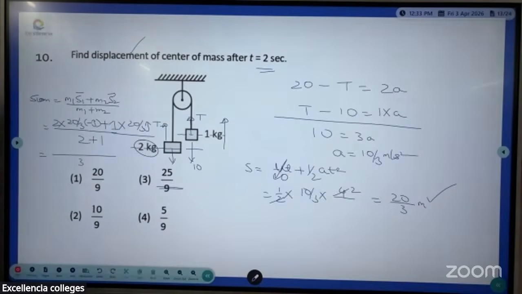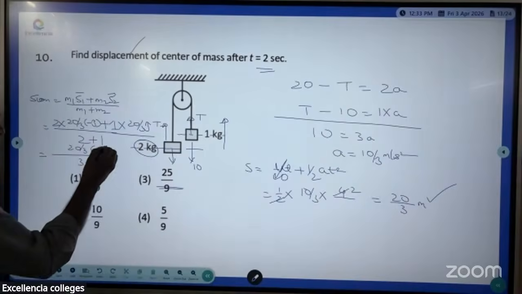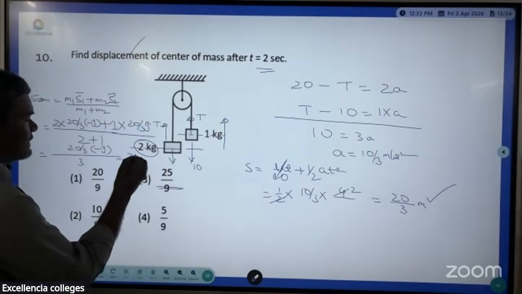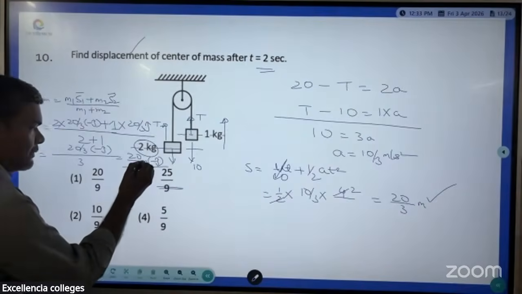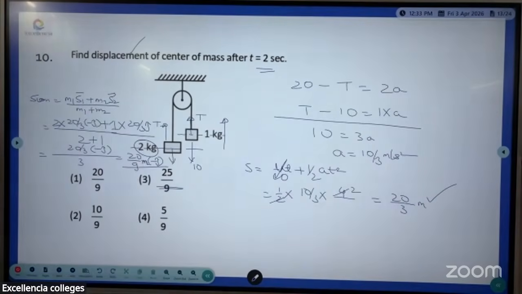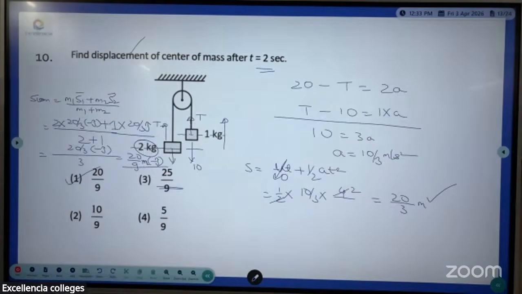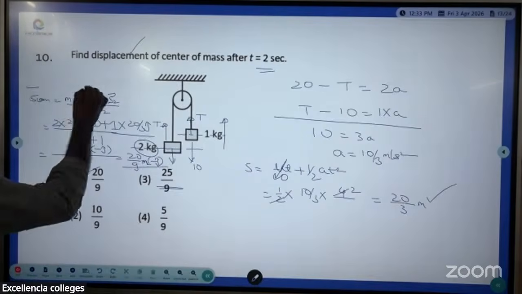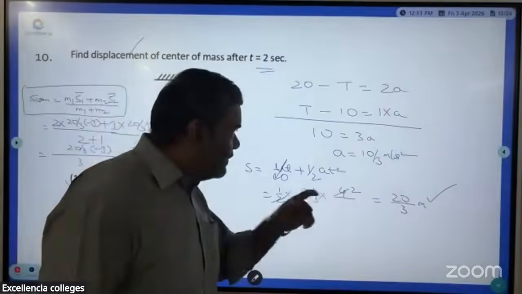So we'll get 40 by 3 minus 20 by 3, which is again 20 by 3 minus j, and that's going to give me 20 by 9 meters in the minus j cap. So 20 by 9 is option 1. So that is the correct one. I hope this is one basic formula which must be there in your mind.